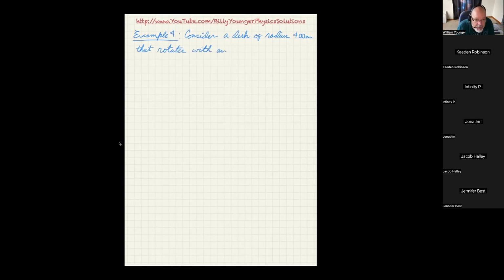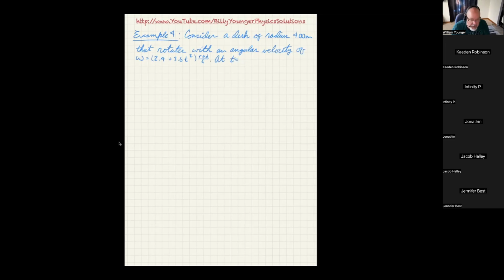an angular speed or angular velocity of omega equals, let's say, 2.4 plus 3.6 t squared, all that in radians per second. At t equals 0, actually, let's do t equals a whole number.